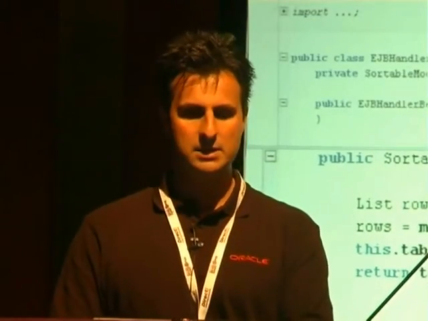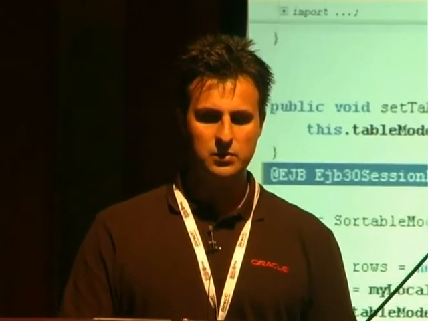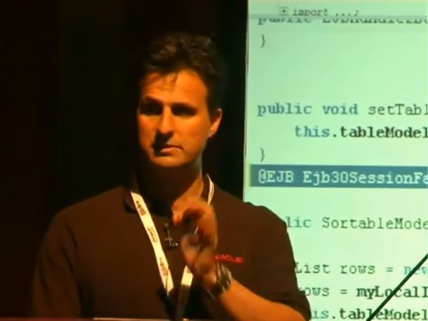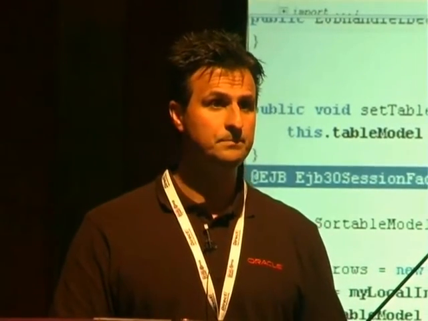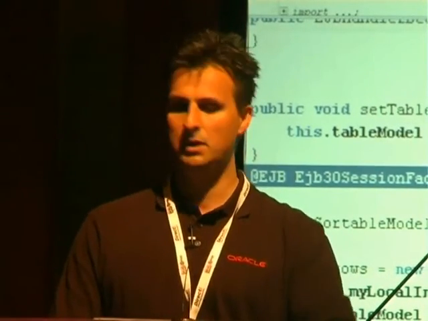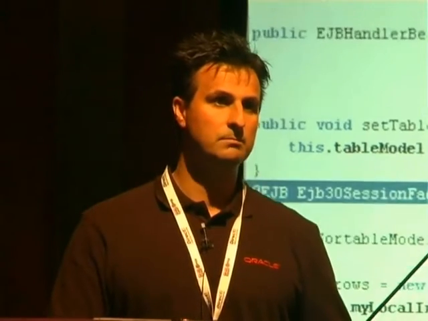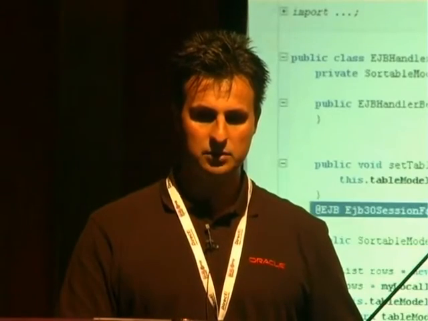And then the container will look up that resource, will find it, and will pass me the handle, and from then on, I can use my local interface, which is the name of the variable, which accesses my EJB session facade local. I can use that variable to create my table model. And all that I need to do now is just go here and run it. And that will then give me a table of employee IDs.